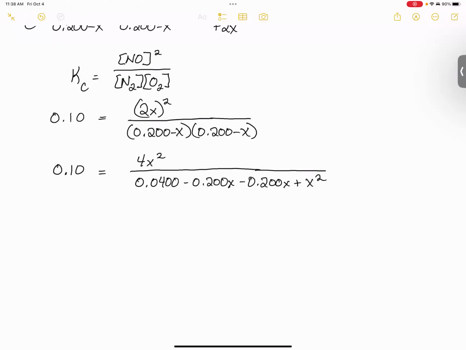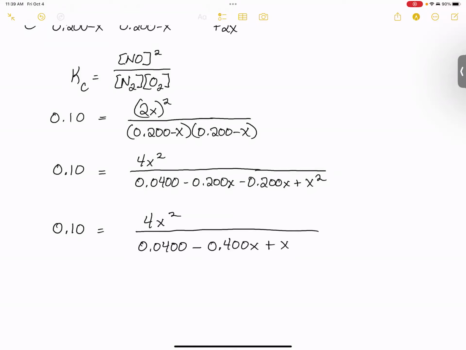I multiplied the first, the outer, the inner, and the last to get what's in the denominator. This simplifies to 4x squared all over 0.0400 minus 0.400x plus x squared.